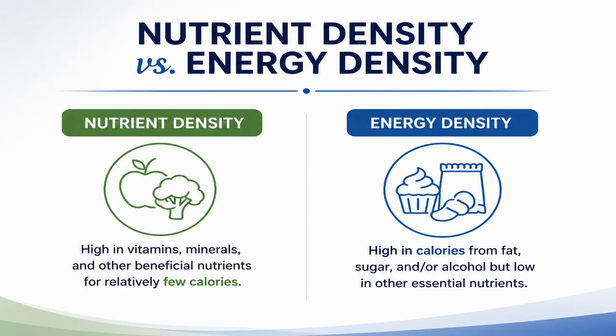So let's think about a cup of strawberries. You get carbohydrate and calories, but you also get vitamin C, fiber, water, and other compounds. Foods like vegetables, fruits, beans, whole grains, low-fat dairy foods, eggs, and some minimally processed foods can provide substantial amounts of beneficial nutrients relative to their calories.